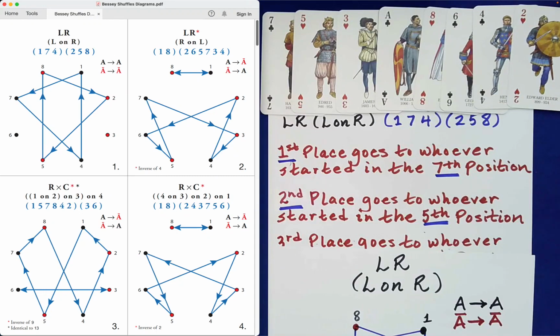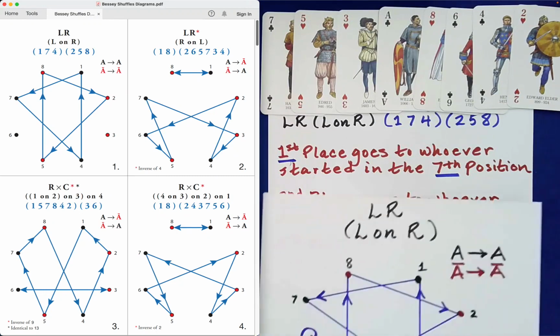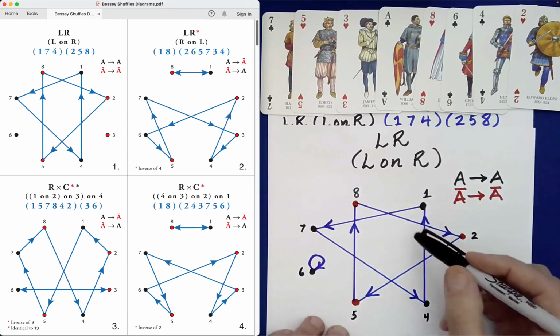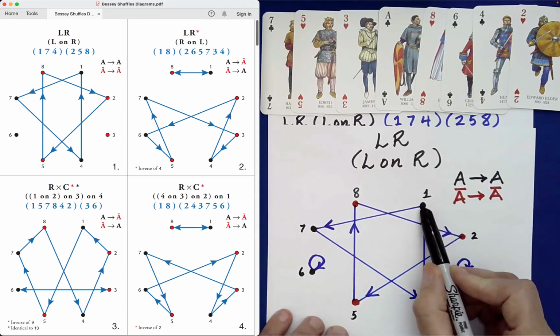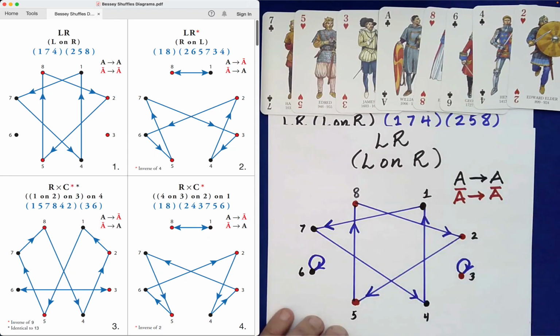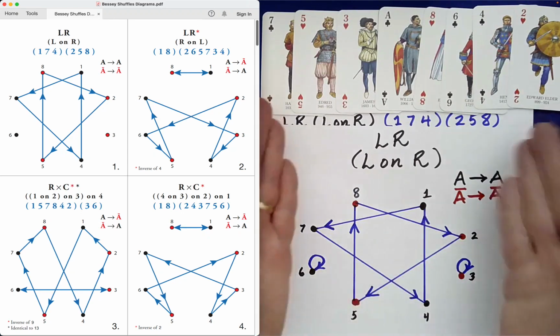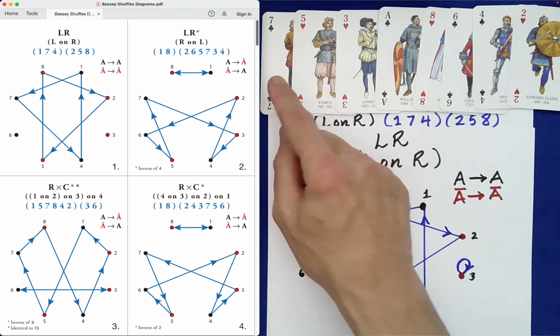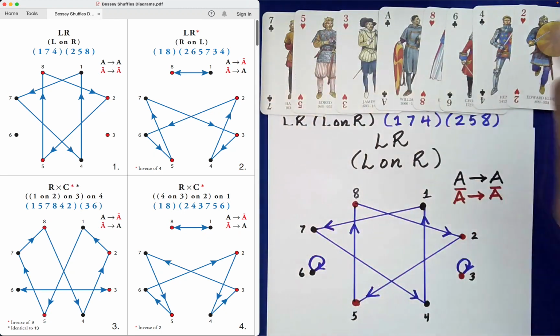Now the way to think about the diagram we've just drawn is this. The race has been completed. They've run, and this is the first person to cross the finish line, second, third, all the way up to the last person, the loser over here. So what does this mean?